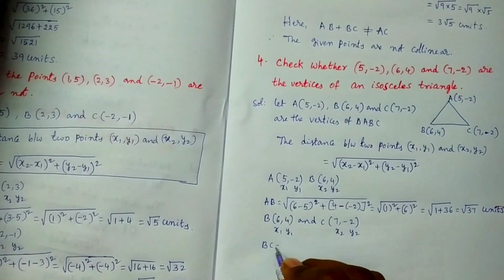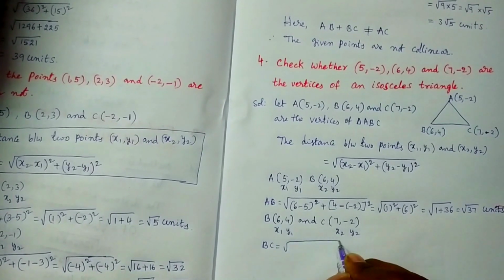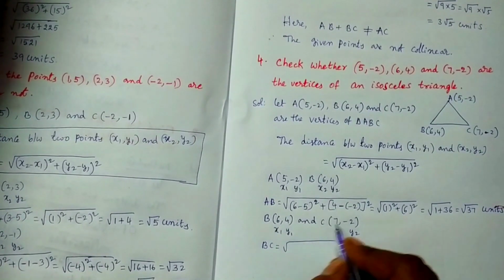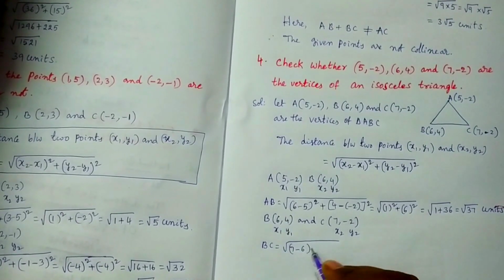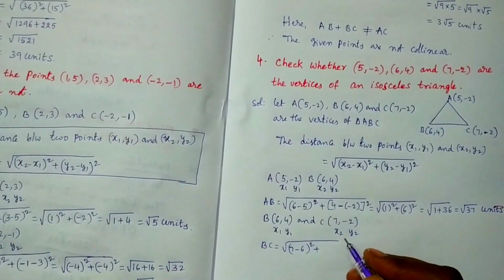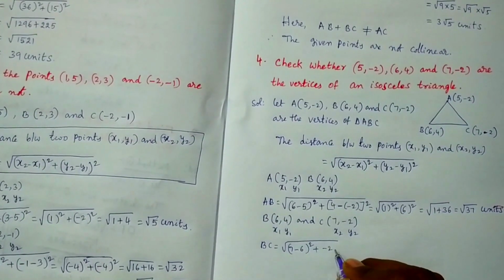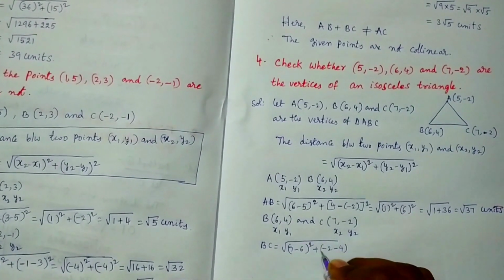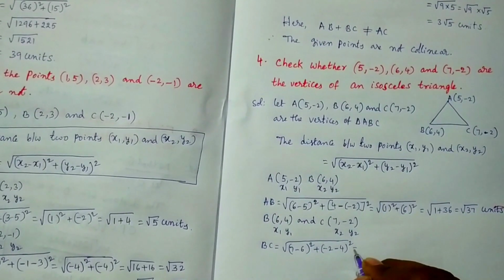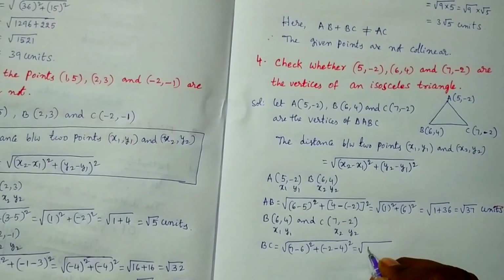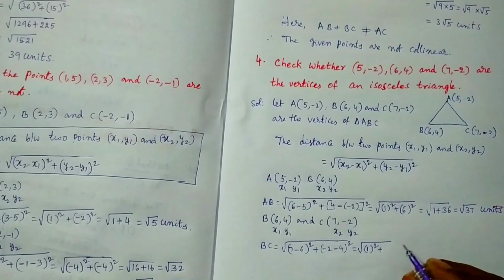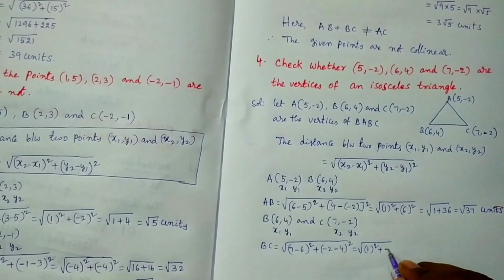So find BC: x2 7 minus x1 6 whole square plus y2 minus 2 minus 4 whole square, that equals 7 minus 6, 1 square, minus 2 minus 4, that is minus 6 whole square.